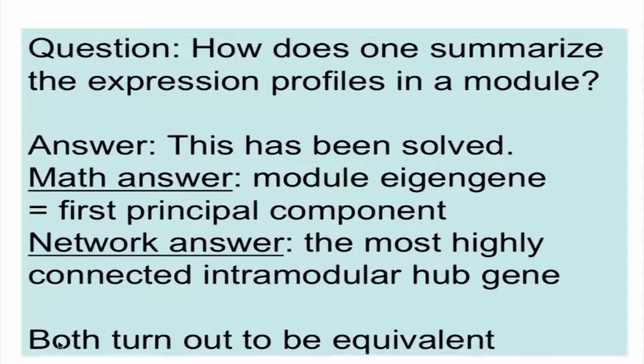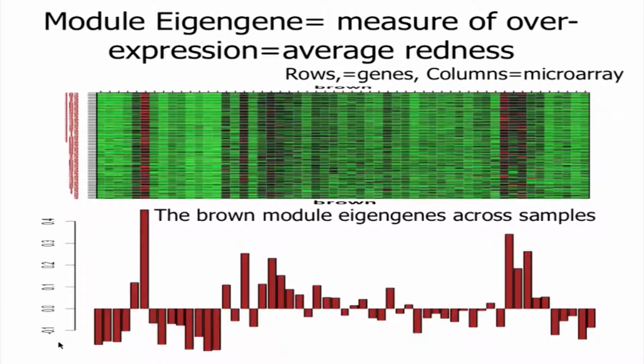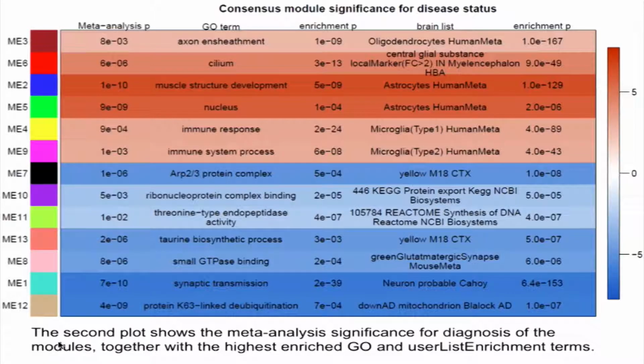And so here we relate these modules that we found to Huntington's disease status. And notice the turquoise module is highly related to the disease, and as is the blue module, p-values 10 to the minus 10. Now, using the user list enrichment analysis, we found that the blue module corresponds to astrocytes.